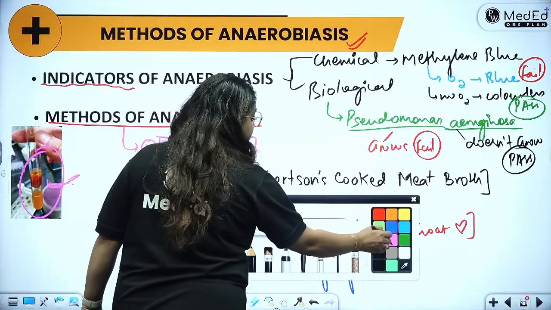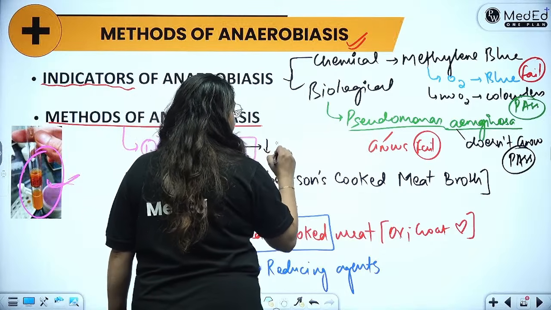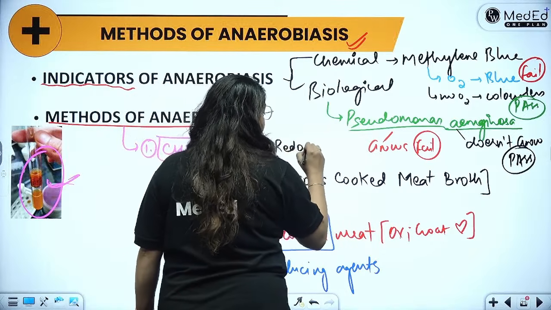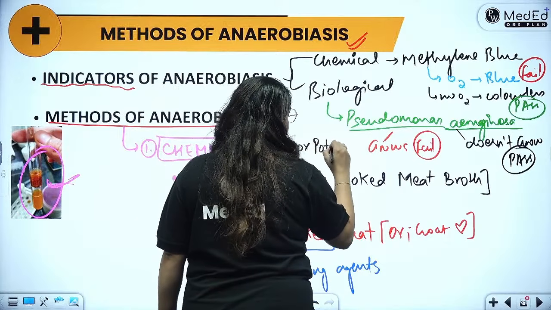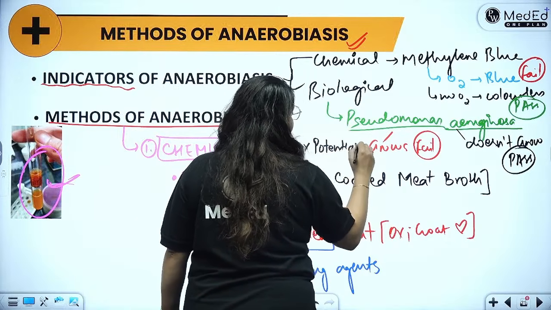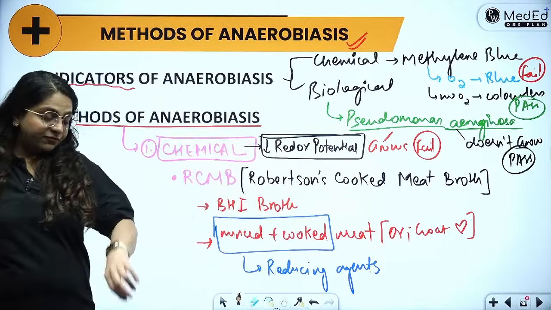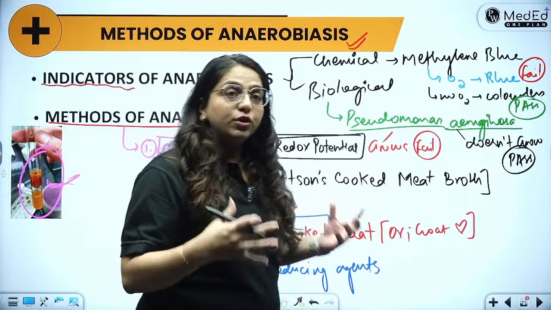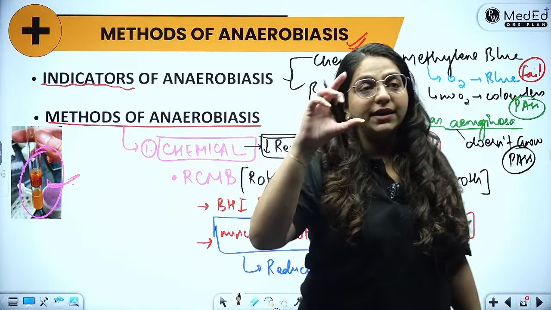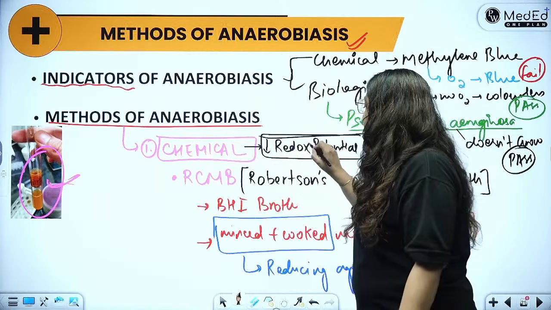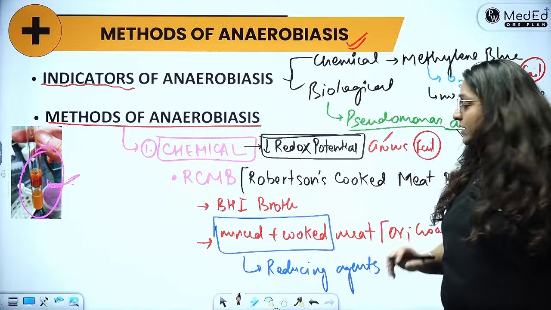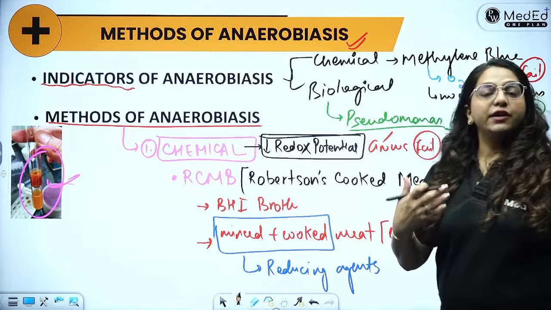So what is the principle of using chemicals? They reduce the redox potential. Research has shown that simply removing oxygen is not going to make the cut. So it is very much important to also reduce the redox potential inside the test tube to get perfect anaerobiasis. So these reducing agents are going to reduce the redox potential.